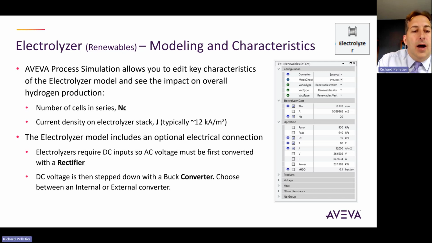Right. Some of the other key characteristics that you're going to find in here: number of cells. That's this NC parameter. Right, so you can change that. The current density on the electrolyzer stack is the J variable down here. So that's another key one that you'll end up changing quite frequently. And then you can see down here, here's the power that's required for this.